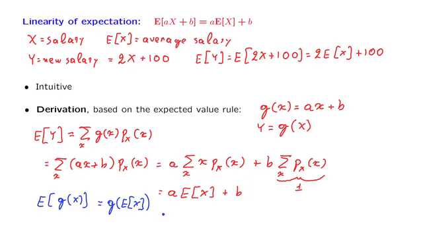But this is an exceptional case. This does not happen in general. It's an exceptional function g that makes this happen. This property is true for linear functions, but for nonlinear functions it is generally false.